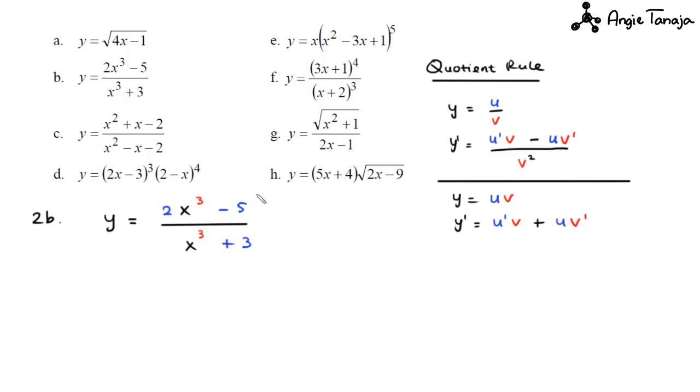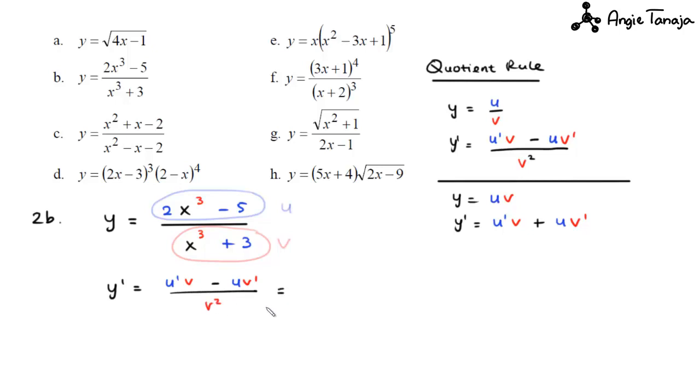You're gonna see this as u and this as v. Next, the y prime will follow u prime v minus u v prime over v square.